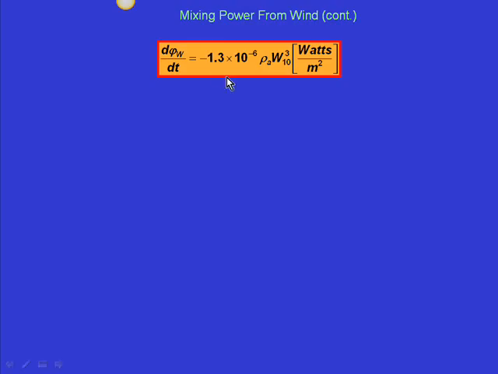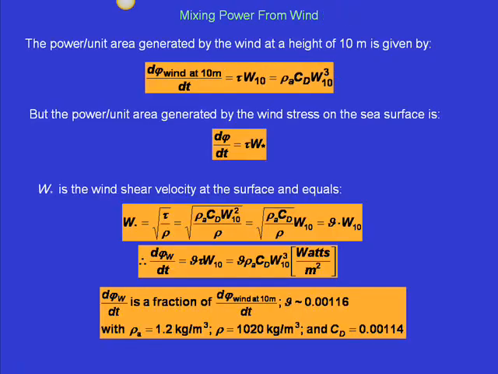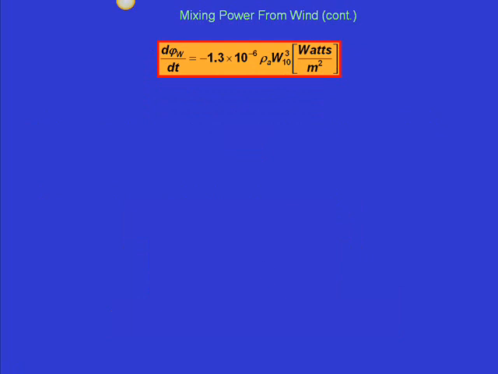All right, and where does this value come from? This 1.3 times 10 to the minus 6. We go back to the expression. So that's by multiplying this one times the density of the air times the drag coefficient. And that gives us, well, this 1.3 is only the drag coefficient times the fraction, that fraction 0.00116.